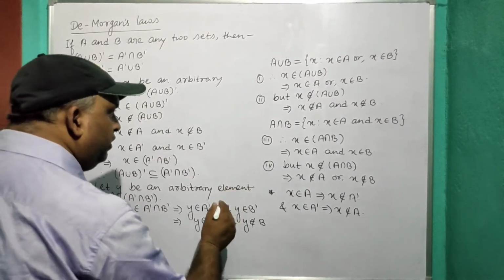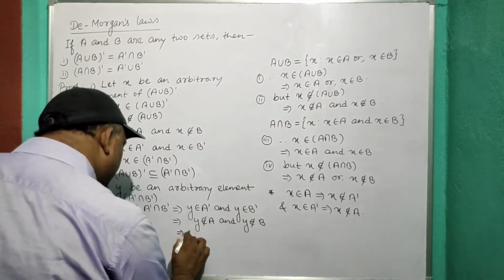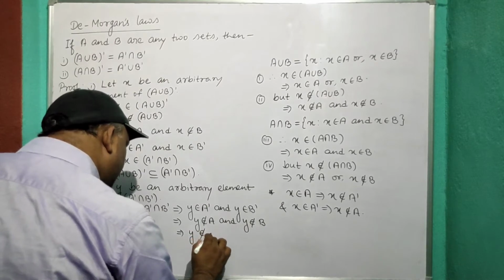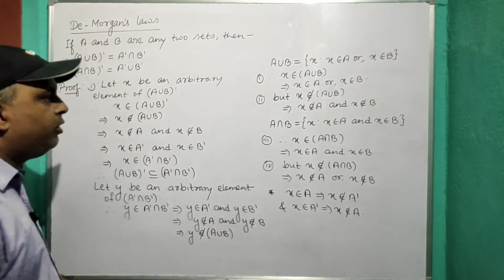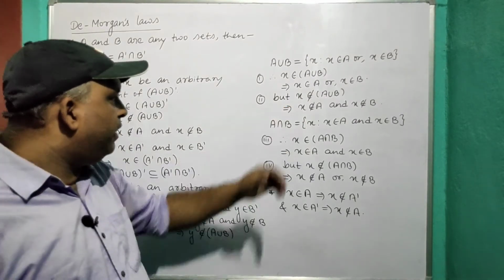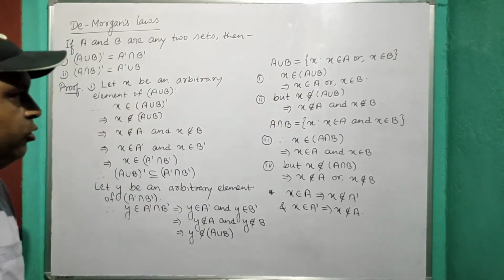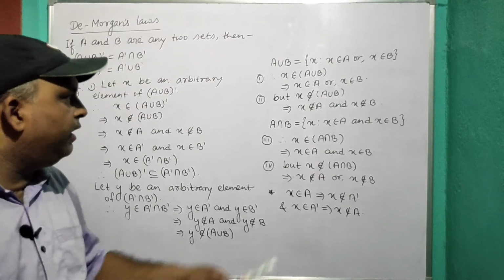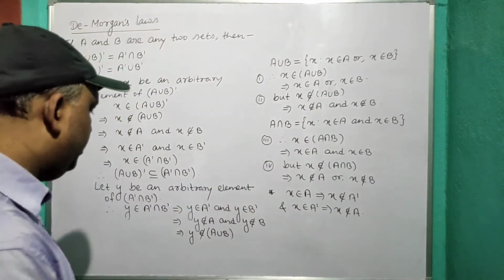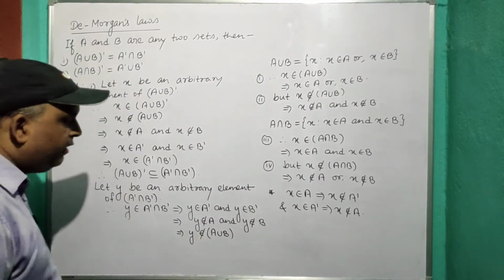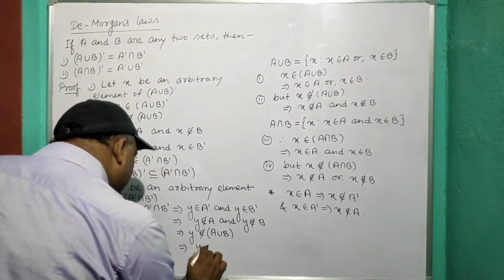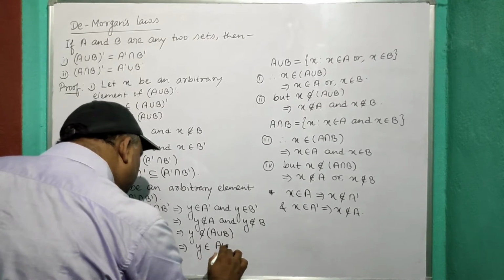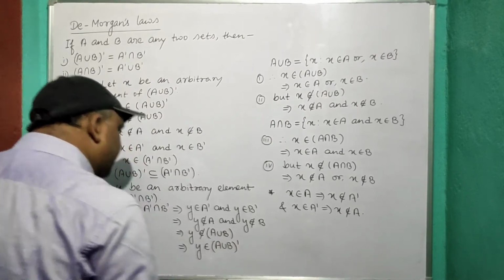So using this you can write that y does not belong to A union B, because यहाँ पे हम लोगों ने लिखा हुआ है कि x does not belong to A and x does not belong to B implies x does not belong to A union B. Similarly, we write y does not belong to A union B. It means y belongs to (A union B) dash.